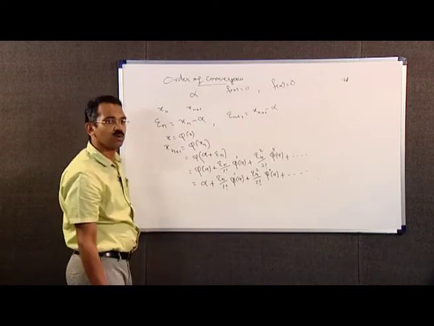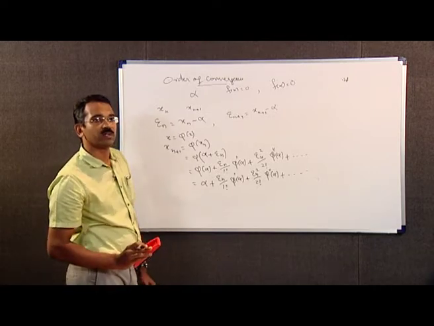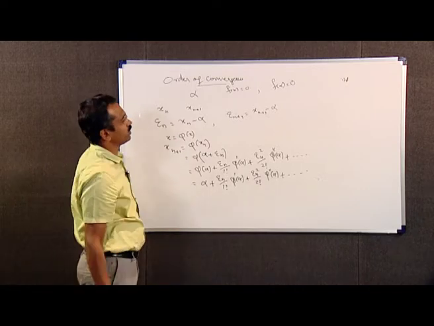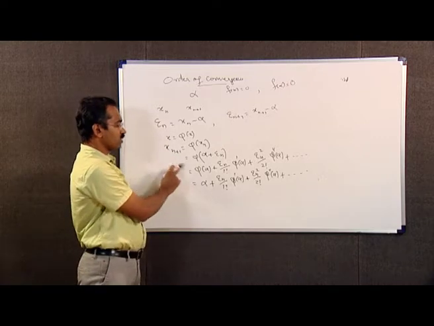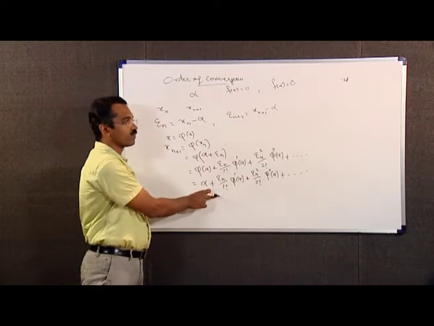Therefore, epsilon n plus 1 is x n plus 1 minus alpha, where x n plus 1 is equal to the series.